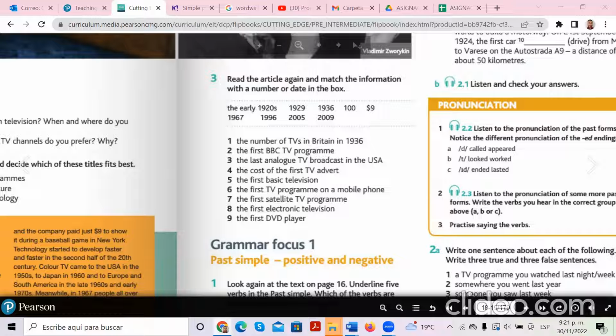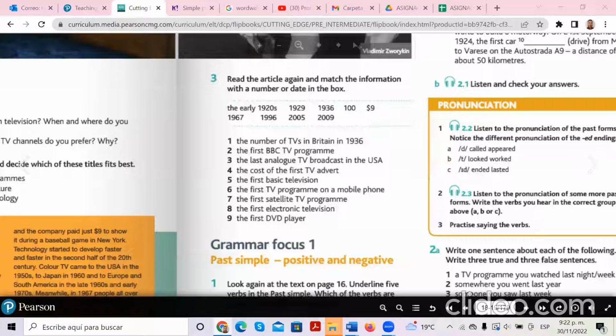So the early 1920s refers to the first years of the decade, including 1920, 1921, 1922, 1923, 1924, and maybe 1925, okay? Now, the late 20s or the late 1920s, on the other hand, refers to the years after 1925.